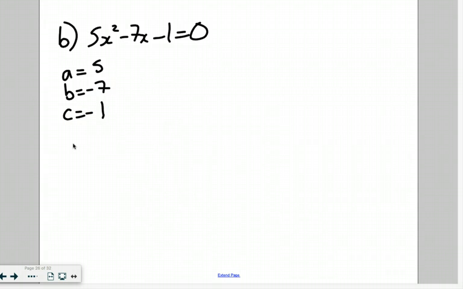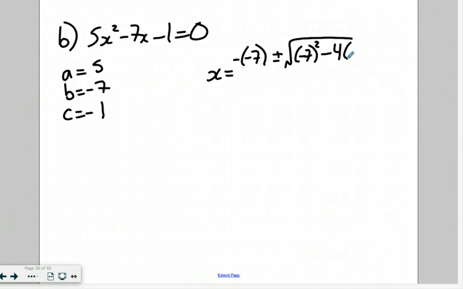Right? So again, I'm going to use my quadratic formula here. X is equal to negative b. So since b is already negative 7, it will turn into a positive 7, plus or minus the square root of b squared, so negative 7 squared, minus 4 times a, which is 5, times c, which is negative 1. Right?